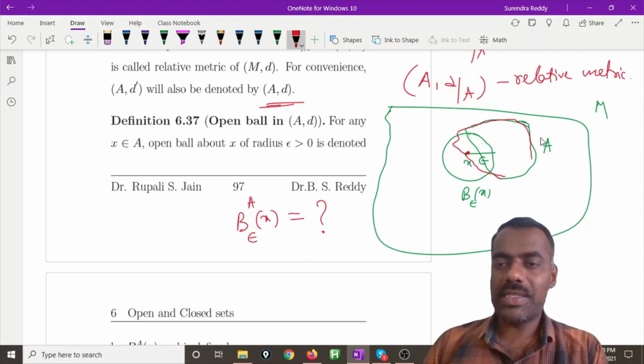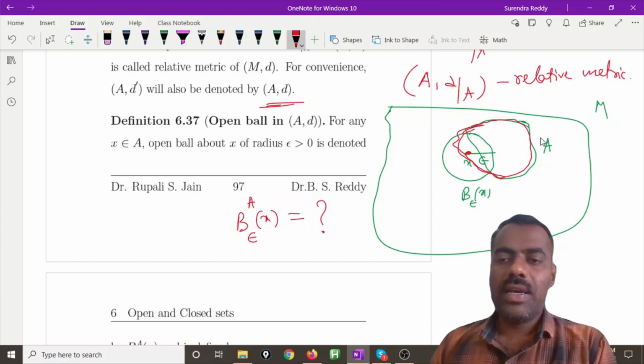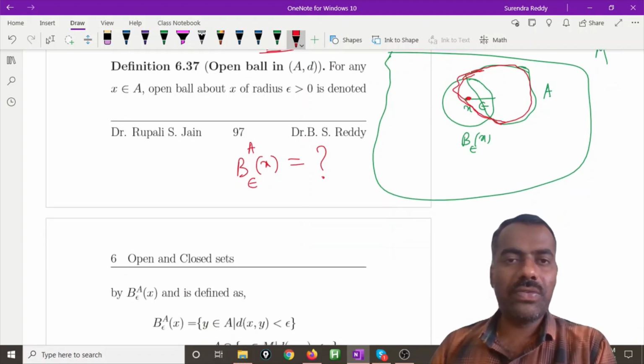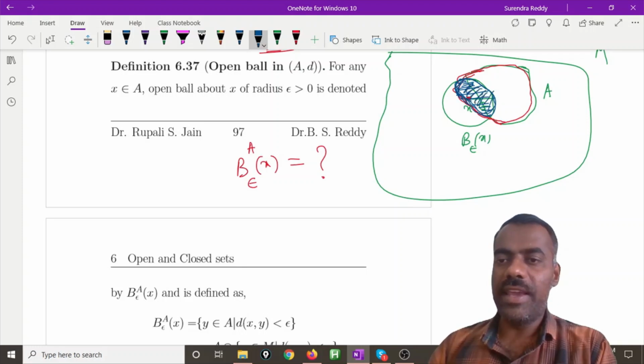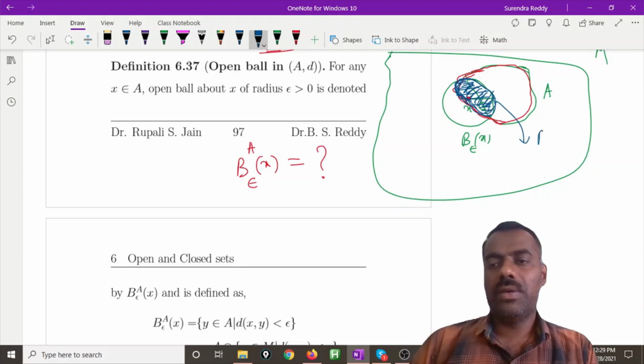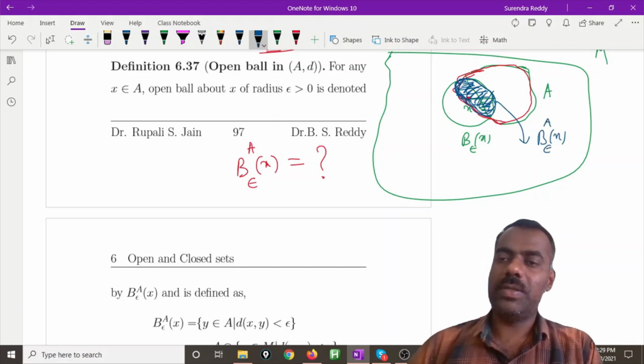If this is my set A, and this is my x, then the ball around x of radius epsilon with respect to A is nothing but, whatever part of this ball is contained in A. So whatever this blue color we have shaded, this much is the ball around x in A. So this is your B(x, epsilon), but with respect to A, right?